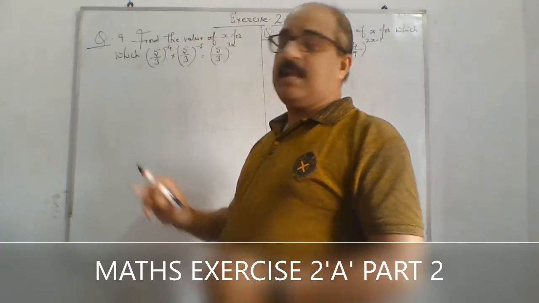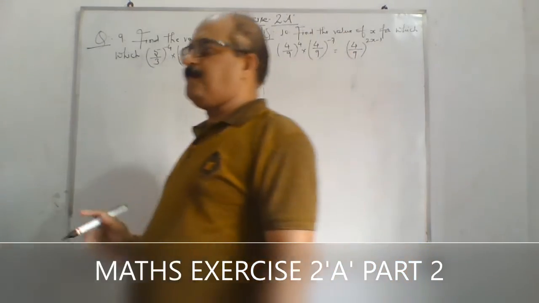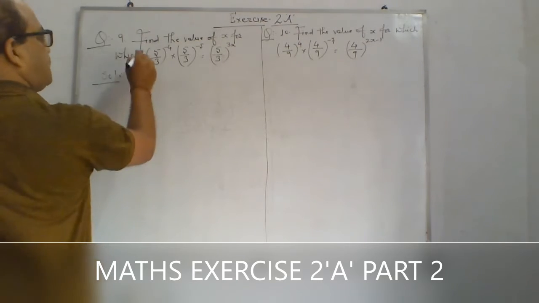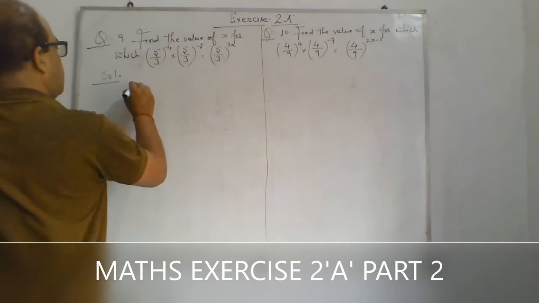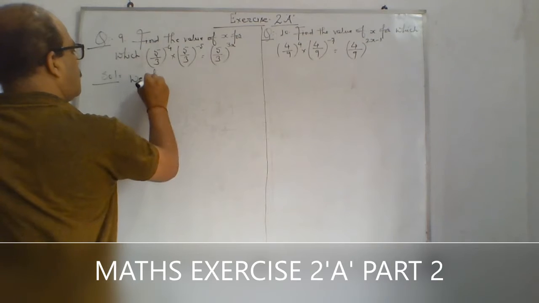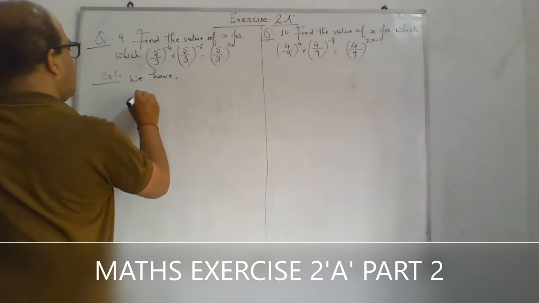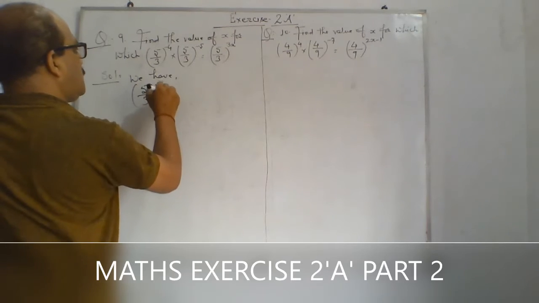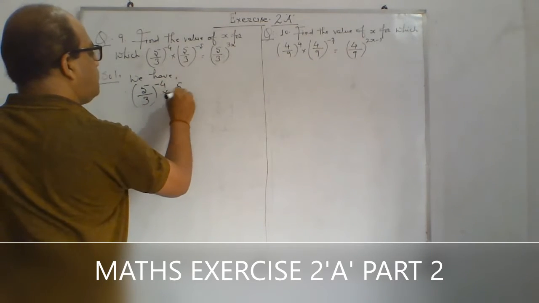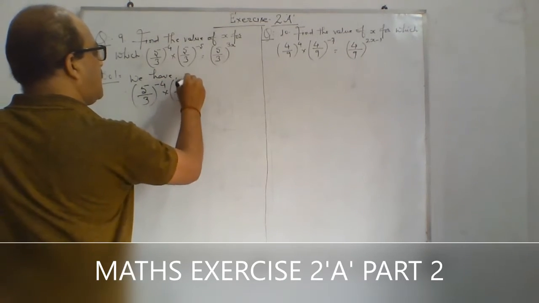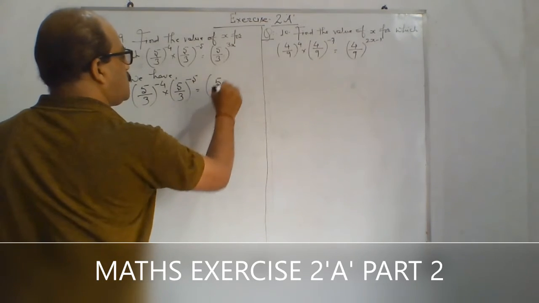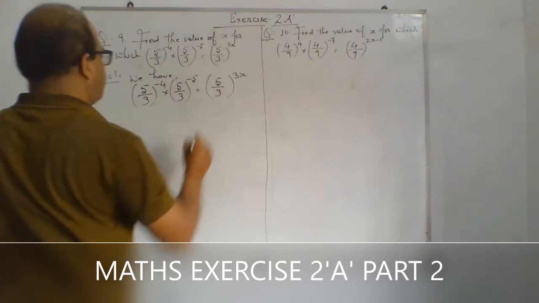So here is the simplification of this chapter. We have (5/3)^-4 × (5/3)^-5 = (5/3)^3x.